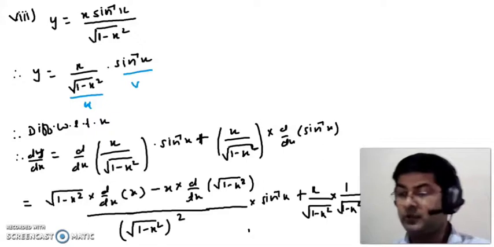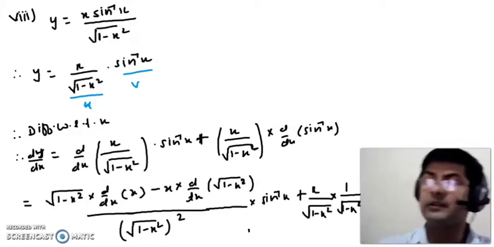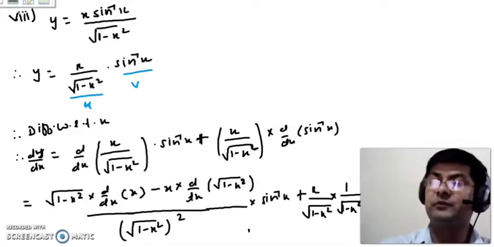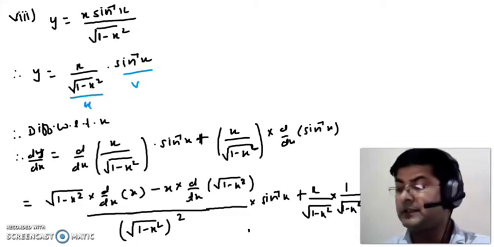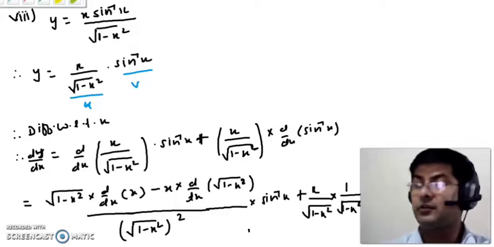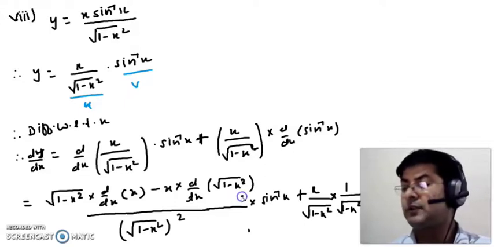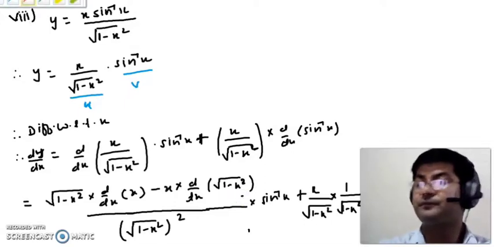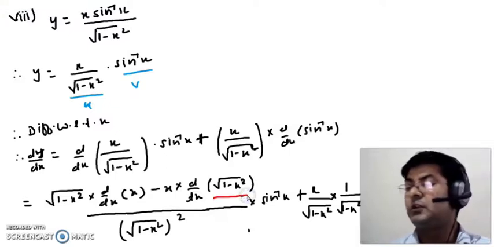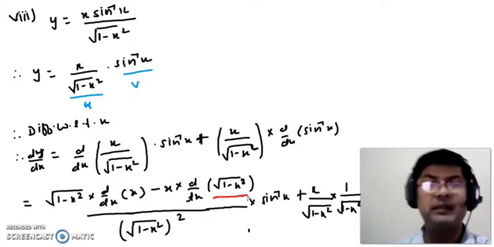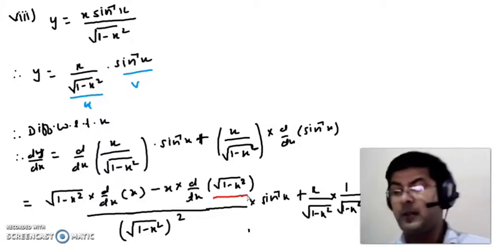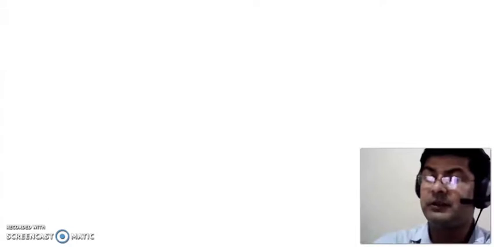Clear? Now let us differentiate further and simplify. Differentiation of x is 1 and differentiation of square root of x is 1 upon 2 root x into d by dx of 1 minus x square. Clear? So the numerator will be in this way.